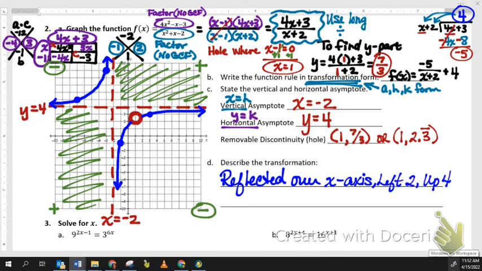There's one more thing. What was that a value again? a was negative 5. The negative did the reflecting, but then you're absolutely right, it stretched it also. This has been vertically stretched by 5.